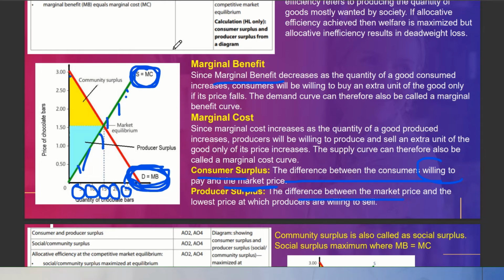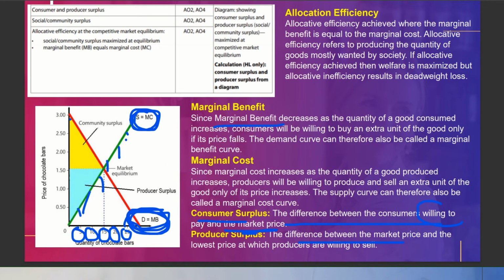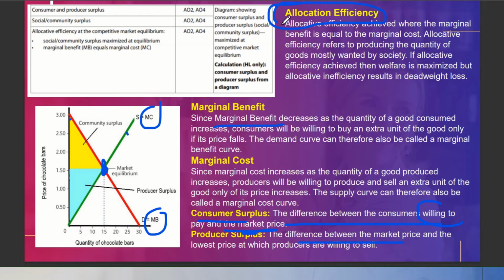So usually we call it the socially optimum level of output. It is a very simple concept. Remember, where the additional benefit and the additional cost are equal, that is said to be allocative efficiency.